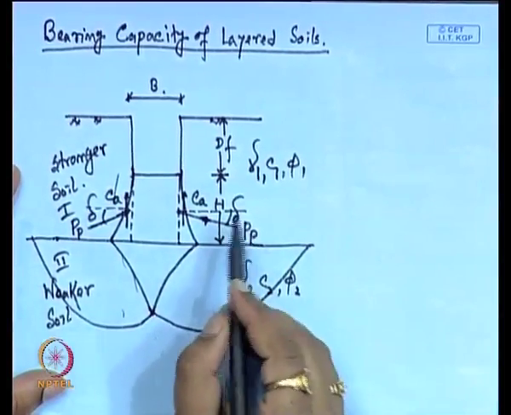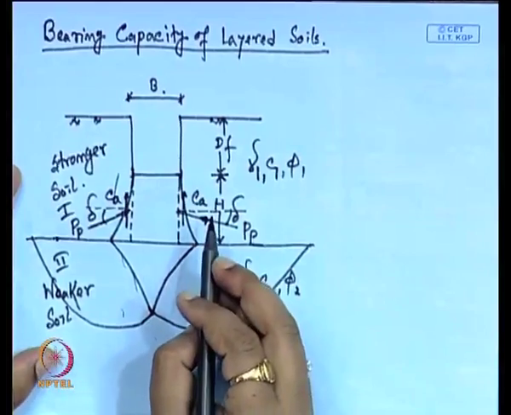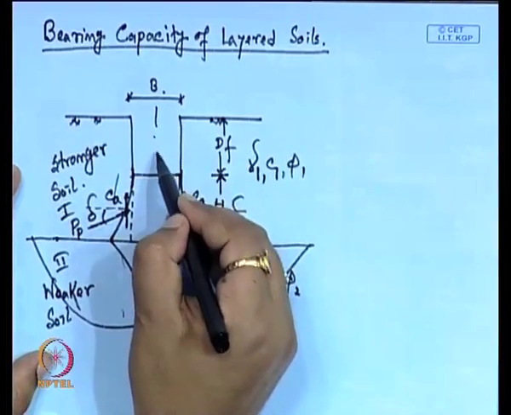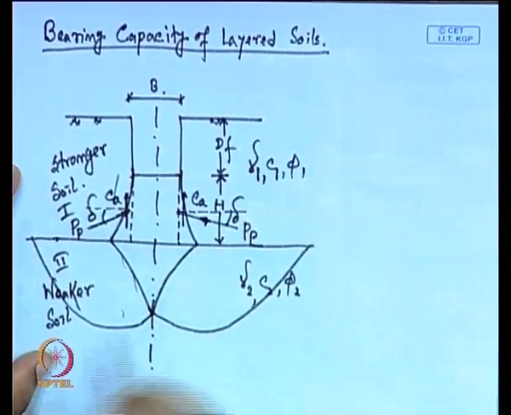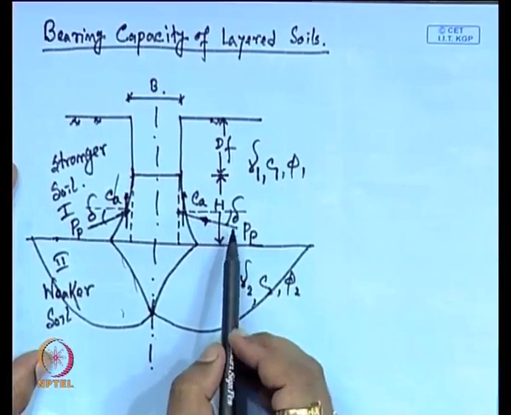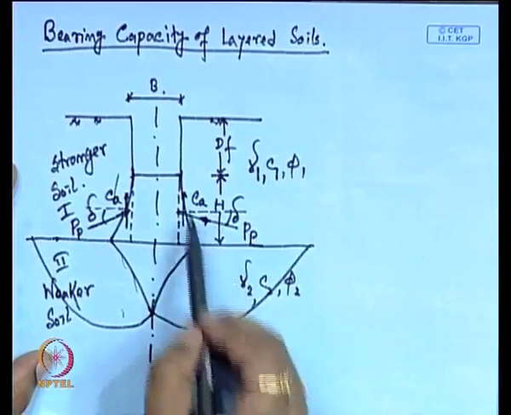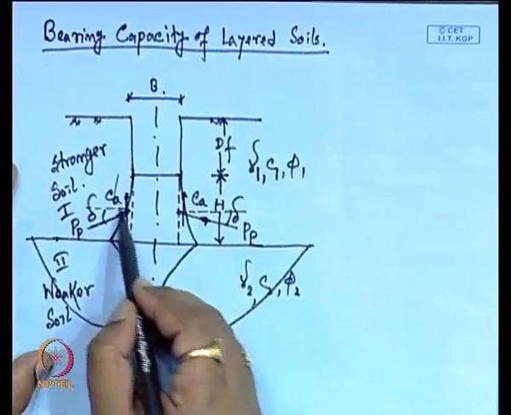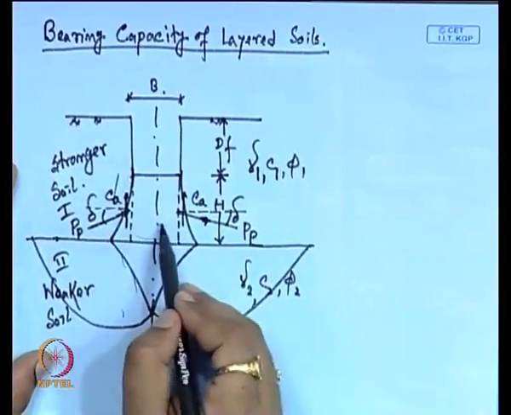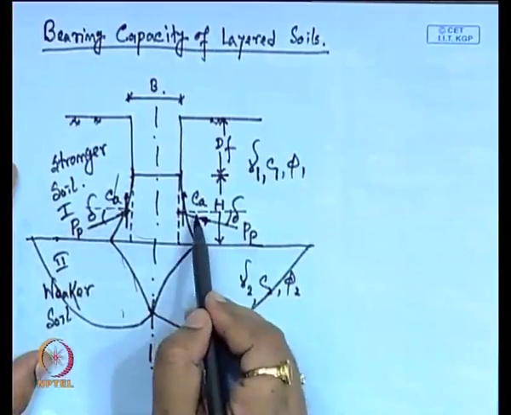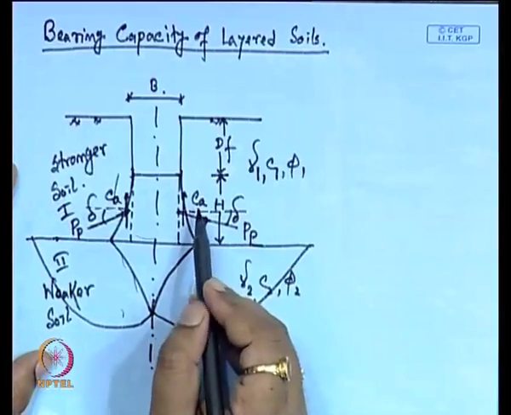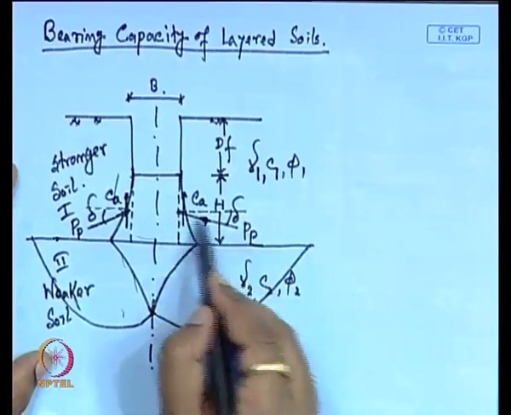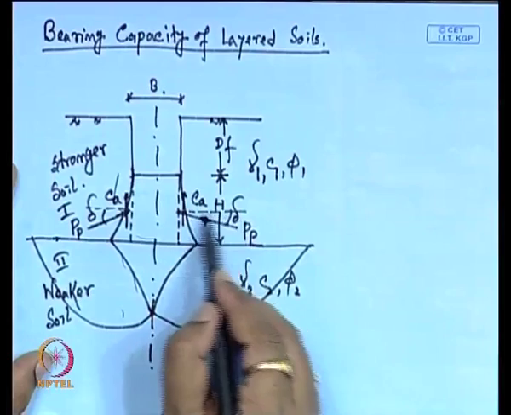So, these two types of force are acting here, suppose this is the center line. One is the adhesion on both sides of this layer, and the passive resistance coming from the soil on this side and the soil on this side, which is acting at the angle of delta to the perpendicular of this line.